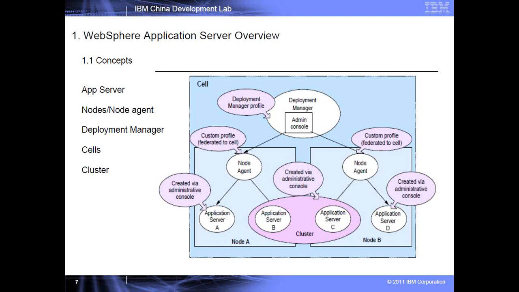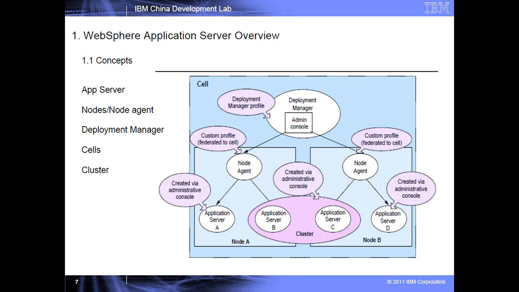While installing the deployment manager, is the node agent created automatically? No. When you create a deployment manager, it won't be created. When you do the federation of the application server to the deployment manager, during that time the node agent will be created. Suppose you have 2 JVMs in one node, how many node agents would you create? Node agent 1 and node agent 2.